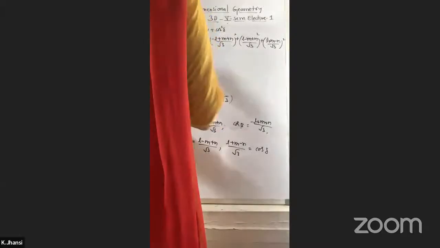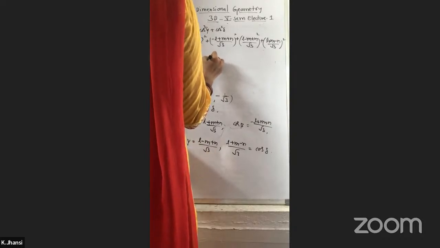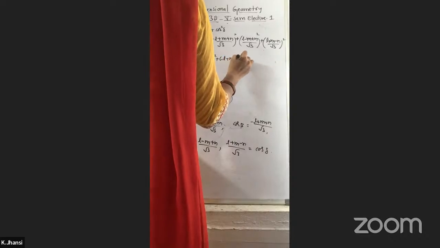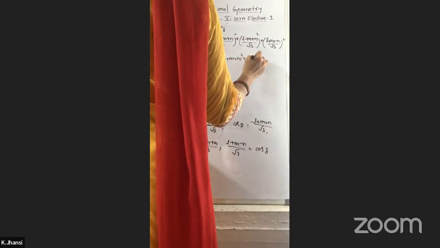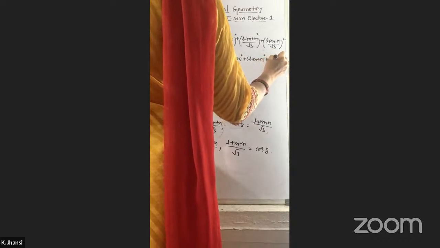If you take 1 by 3 common, you will have l square plus m square plus n square, plus minus l plus m plus n whole square, plus l minus m plus n whole square, plus l plus m minus n whole square. Okay.